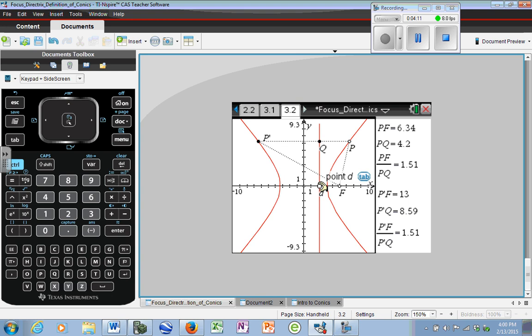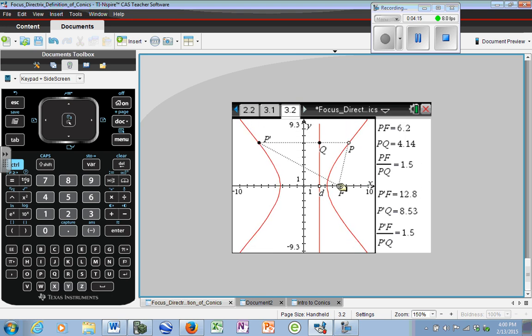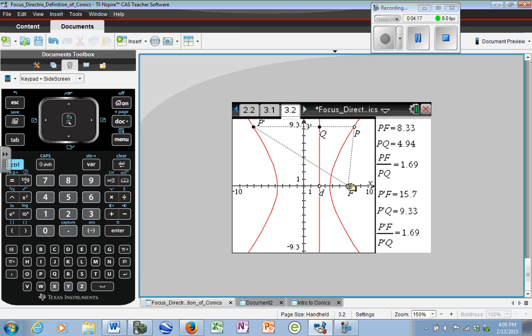I can change the focus point, I can change the shape of it, that changes the ratio, but once I've established where the focal point is, any point along that hyperbola will have that same eccentricity. It has that same ratio of PF to PQ.